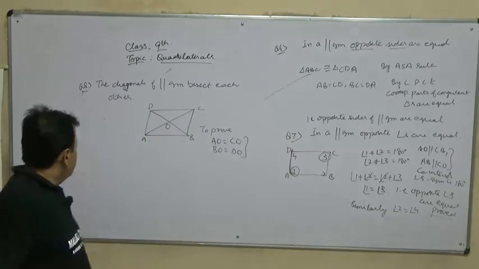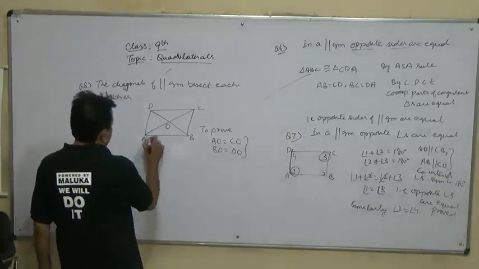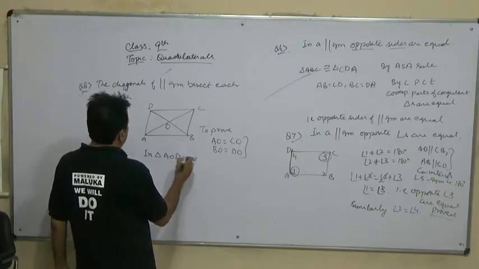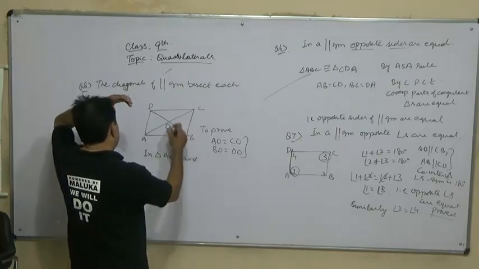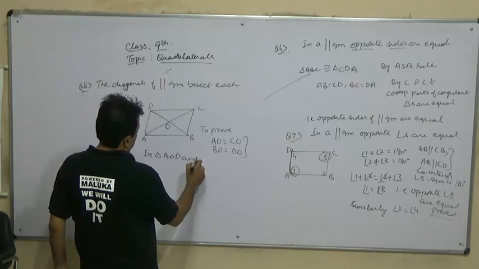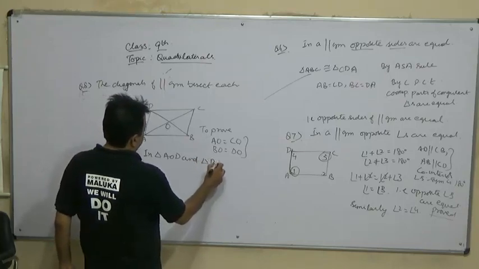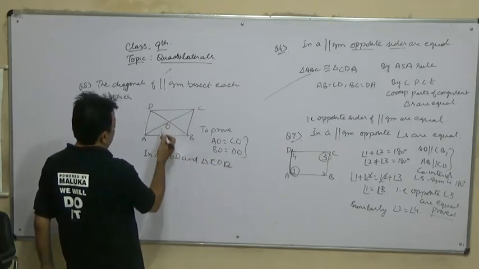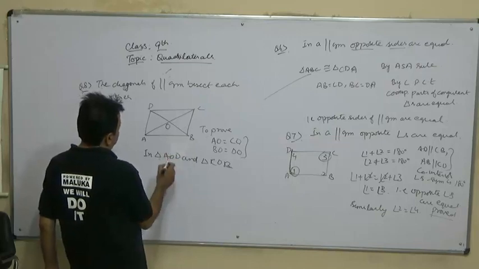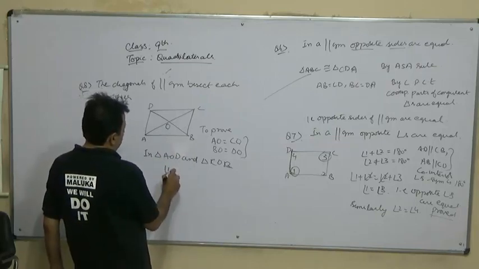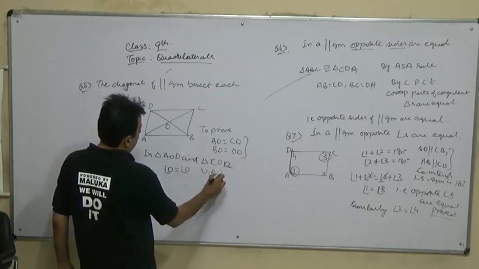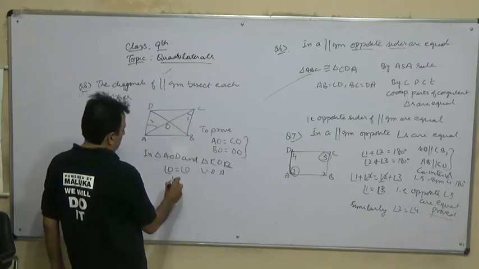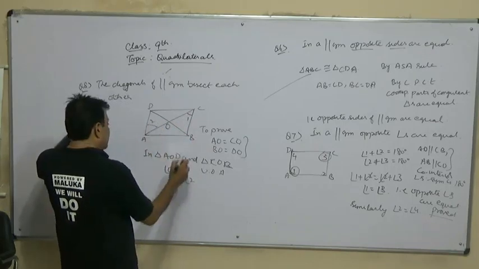Okay, so what is there in this, we can take these two triangles, triangle AOD and triangle COB, or we can say COB, okay. So what is there, angle O is equal to angle O, vertically opposite angles. Then this angle is equal to this angle, angle 1 is equal to angle 2. Then AD is equal to BC.